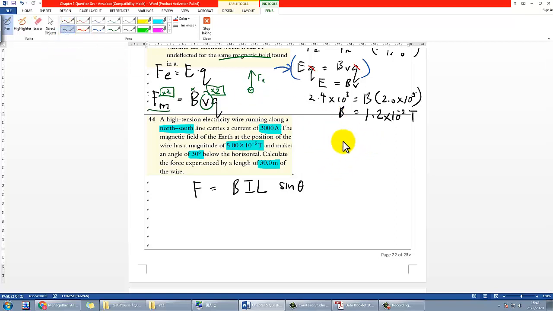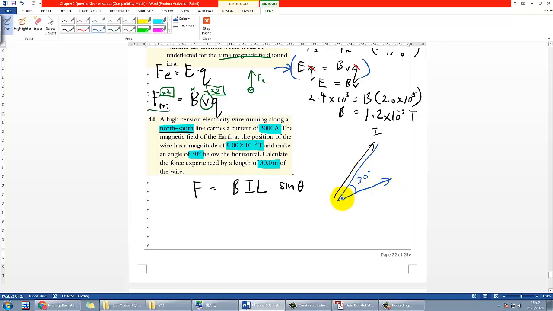Since the wire goes from north to south, or south to north, it doesn't really matter. The horizontal and the B field should also be north to south or south to north. In this case, we don't need to determine the direction. The actual B field is 30 degrees below the horizontal.